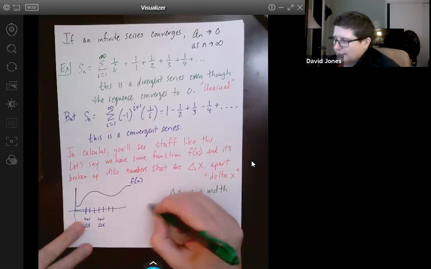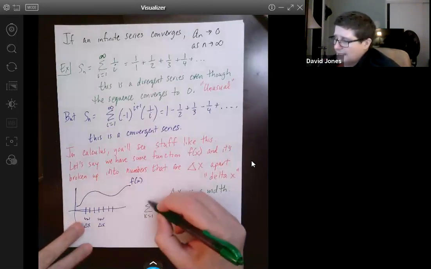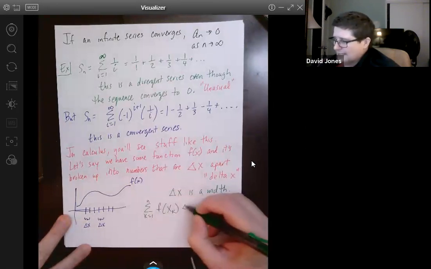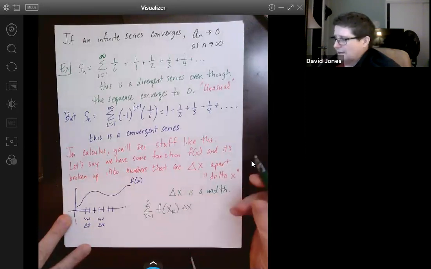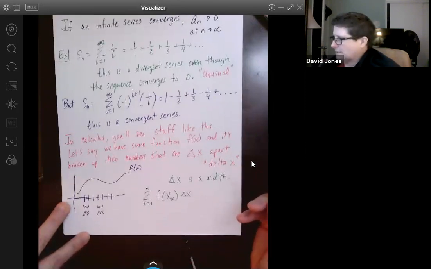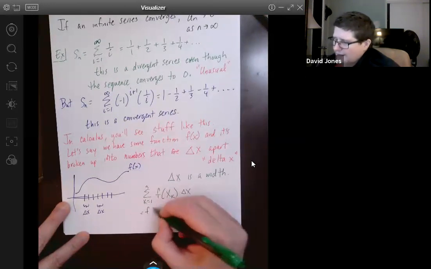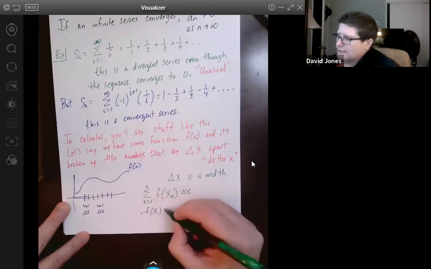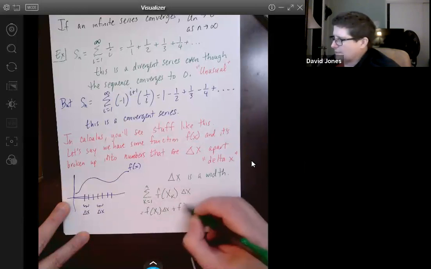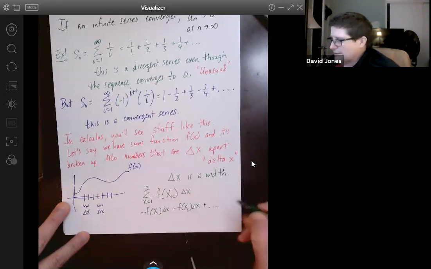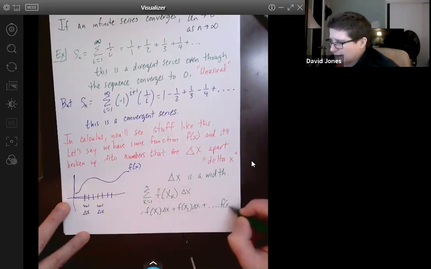You'll do something like the summation of k equals 1 to n of f of x sub k delta x. That's f of x sub 1 times delta x plus f of x sub 2 times delta x, and it keeps going, f of x sub n times delta x.